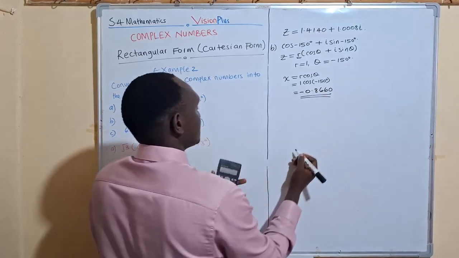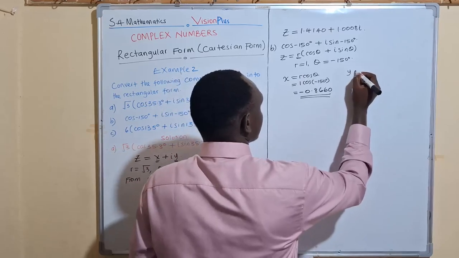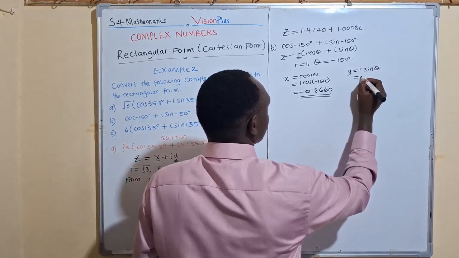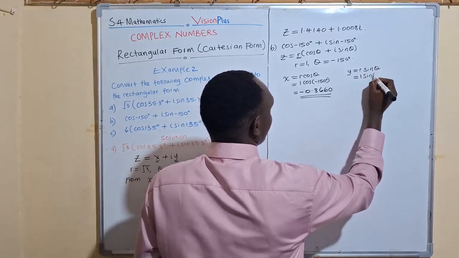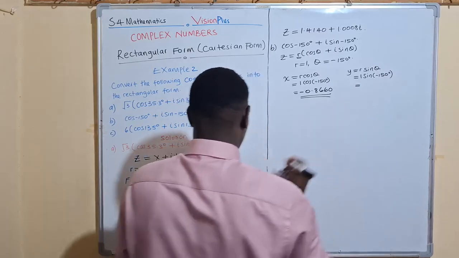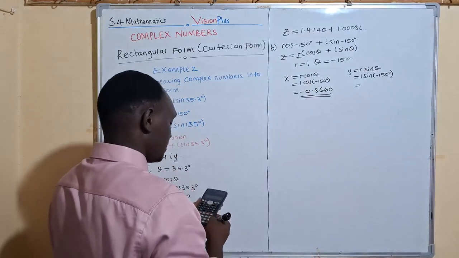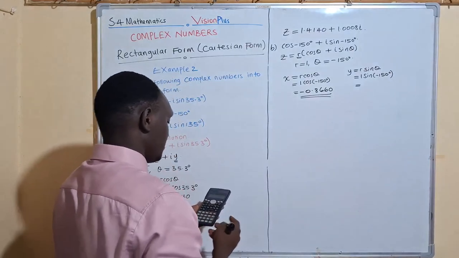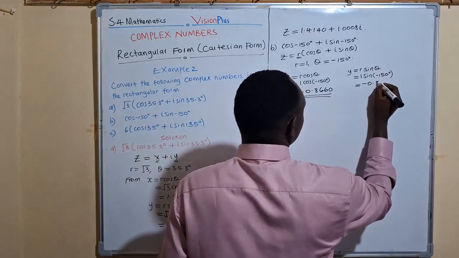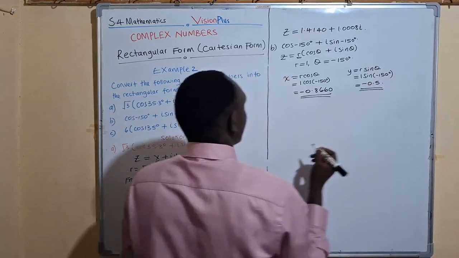This is the value of x. Then we know that y is given by r sine of theta. This implies that we shall have 1 sine of negative 150 degrees. And then you press the calculator. Sine of negative 150 degrees times 1. I'm getting negative 0.5 as the value of y.